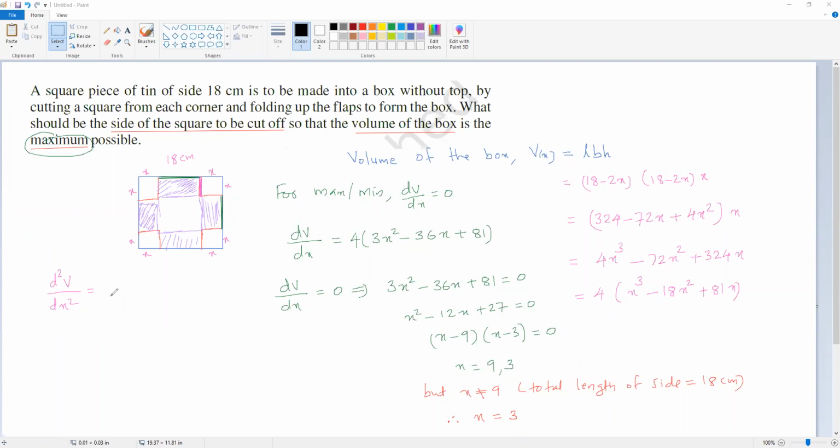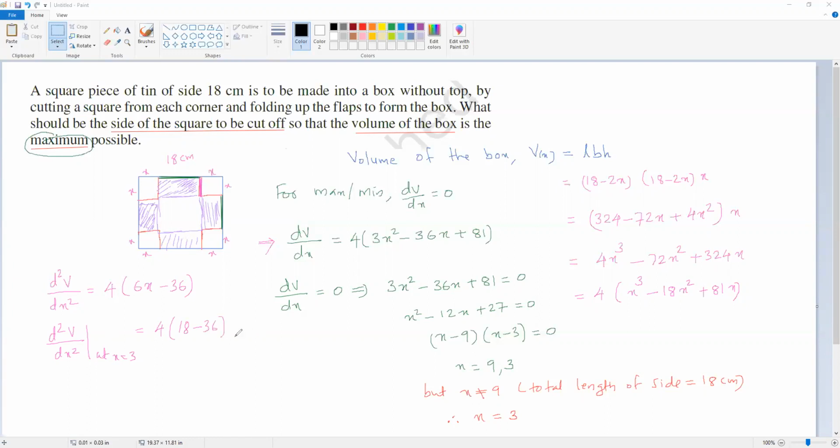So d square v by dx square. So 4 into, 4 constant, either dv by dx is here. So 4 into 3x square, that is 3 into 2x, 6x minus 36. So हमें d square v by dx square at x is equal to 3 हमारे critical point में, which is equal to 4 into 6 into 3, 18 minus 36.